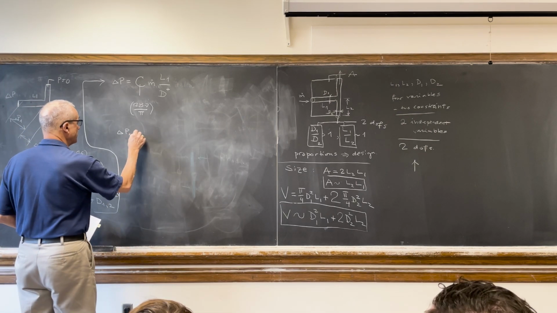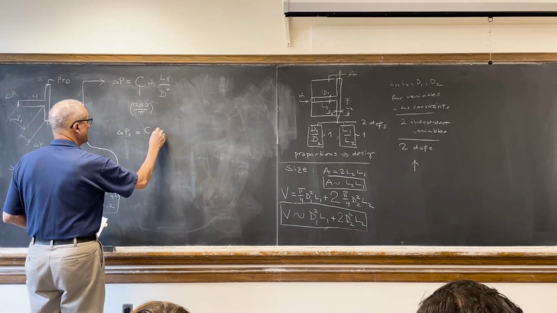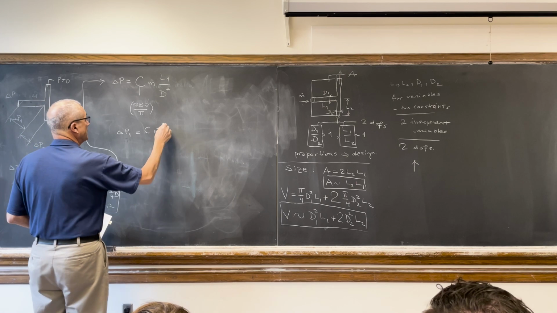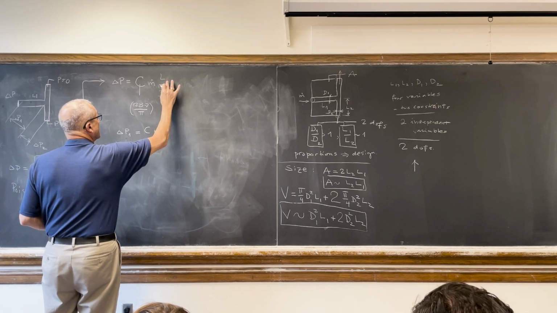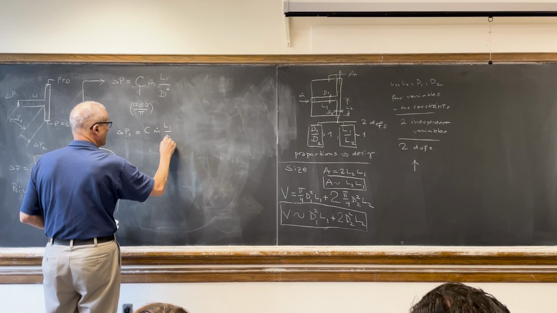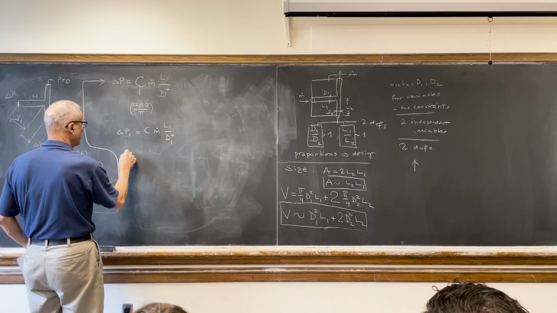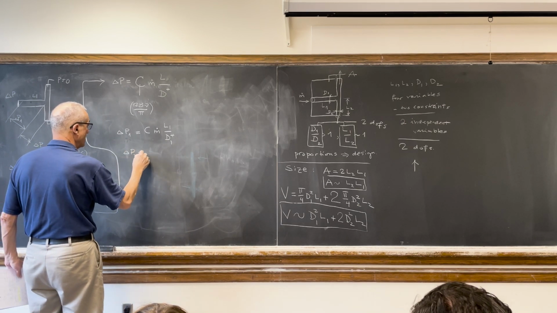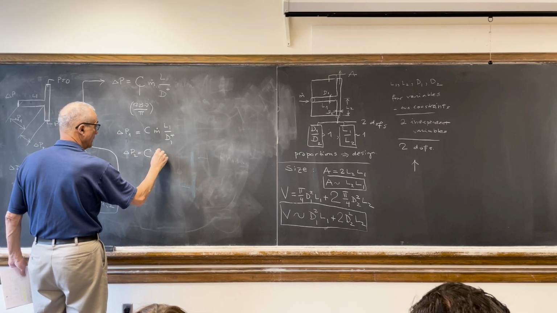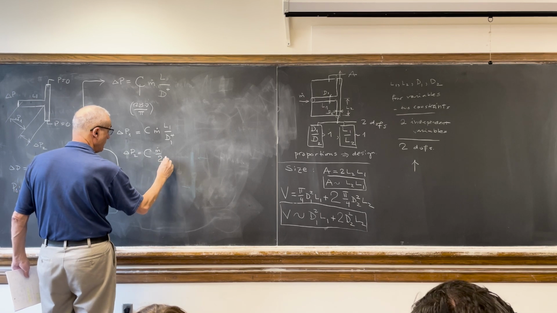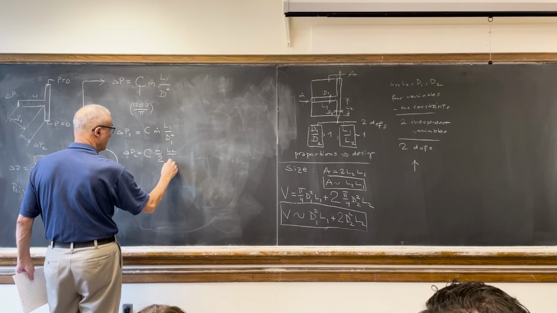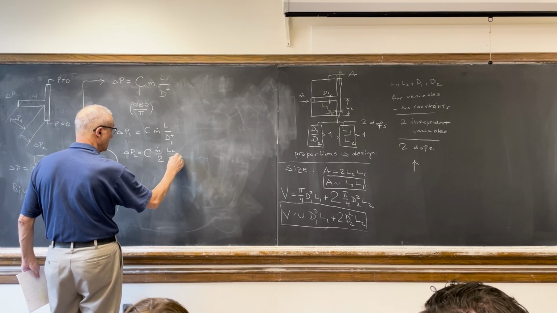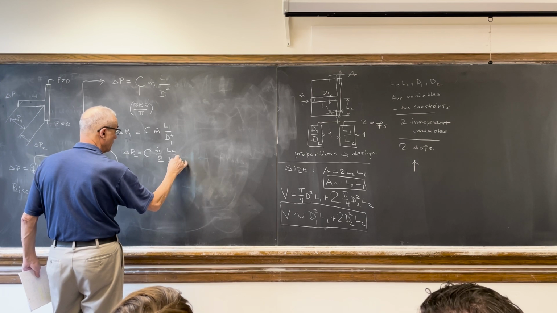Delta P1 is obviously C m dot L1 over D1 to the 4th. Delta P2 is C m dot divided by 2, and then L2 over D2 to power 4.